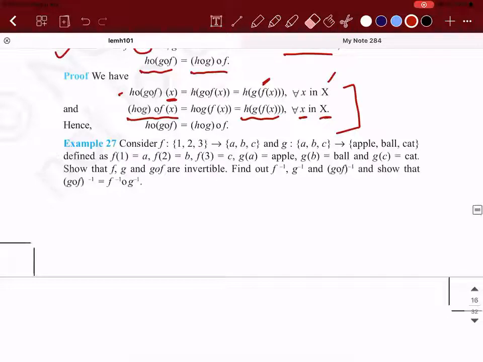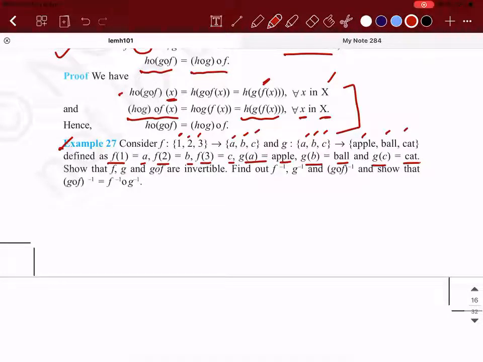So shall we try this? 27. f is a function mapped from {1, 2, 3} to {A, B, C}, and g is a function mapped from {A, B, C} to {apple, ball, cat}, defined by f of 1 is A, f of 2 is B, f of 3 is C, g of A is apple, g of B is ball, and g of C is cat. Show that f, g, and g circle f are invertible.